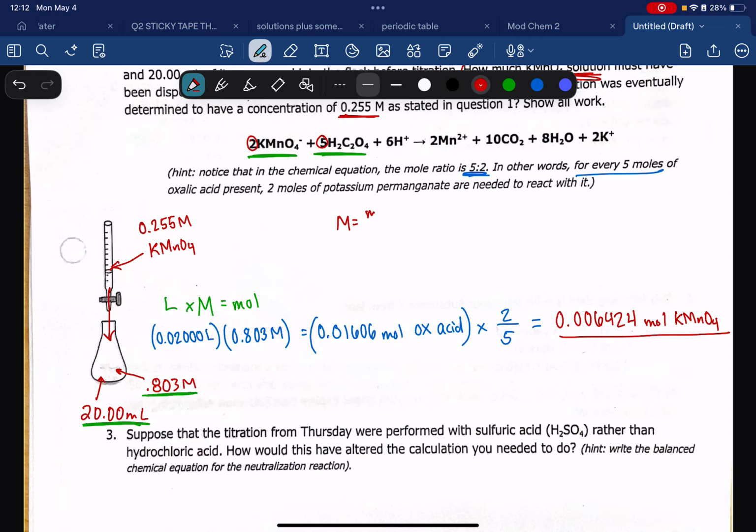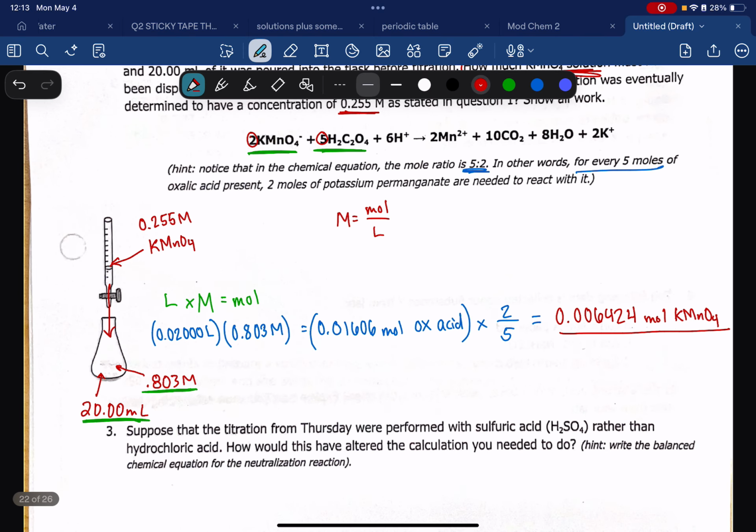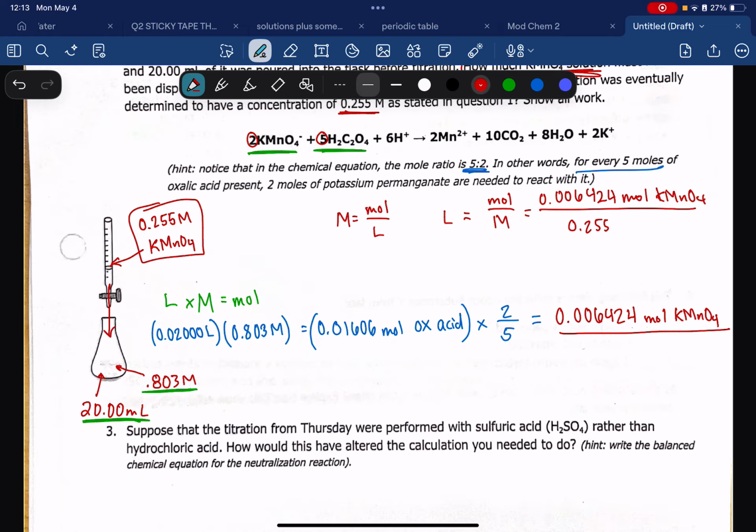We know that molarity is equal to moles divided by liters. This time, since I'm solving for liters or volume, this is going to be liters equals moles divided by molarity. So then I just need to punch those numbers into my calculator, and it'll give me the answer. So I'll go 0.006424 moles of KMnO4, and I will divide that by the molarity of my KMnO4 solution, which is known to us, 0.255 molar.